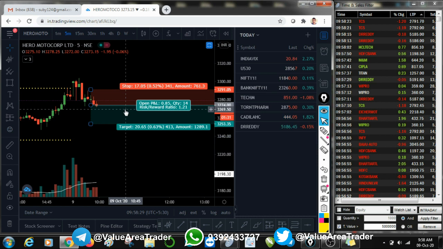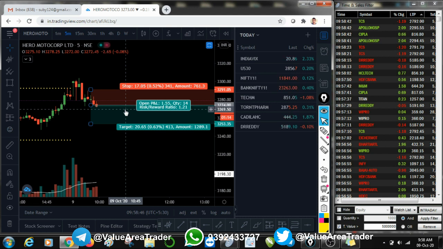So let's take a trade in Hero Motoko, a small trade. That means my target is 20 points and my risk is around 17, which risk reward is just 1.2. But still, okay, we will take a trade here. Hero Motoko.